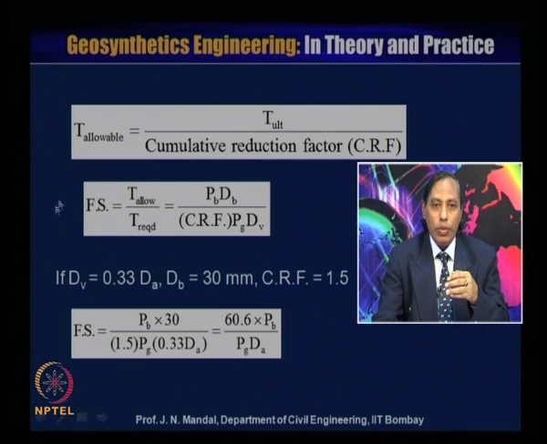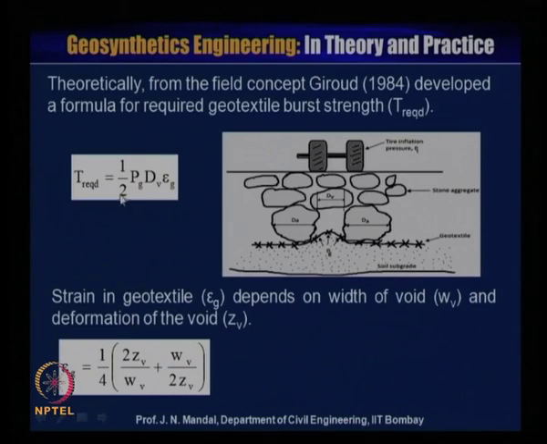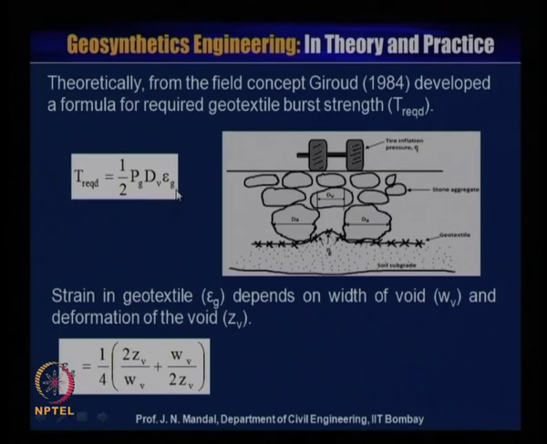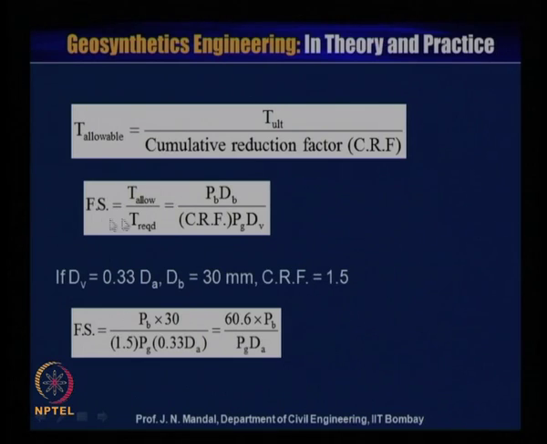Let us say that the cumulative reduction factor is 1.5. So, you can calculate the factor of safety, which is equal to T allowable by T required. We have calculated earlier what this T required value should be, half into Pg into dV into epsilon g. So, T required is known and T ultimate is also known. So, you can calculate T allowable as T ultimate divided by the cumulative reduction factor, and this is divided by T required.